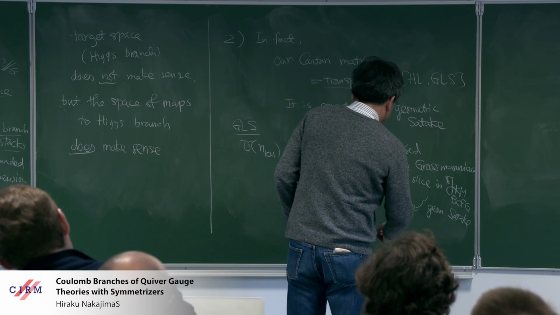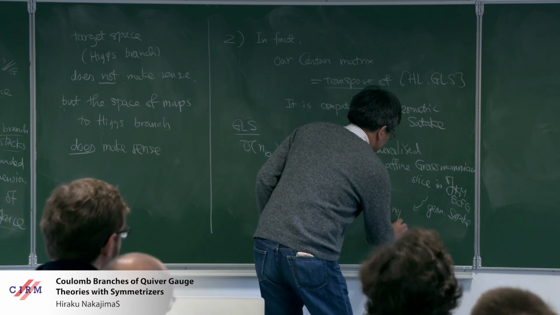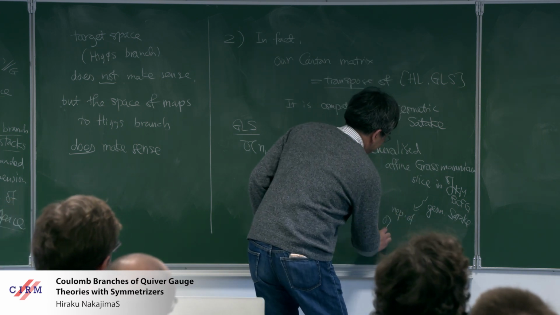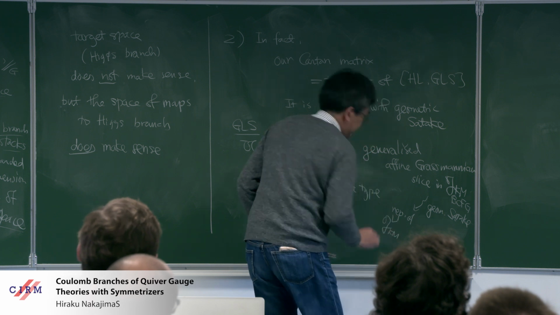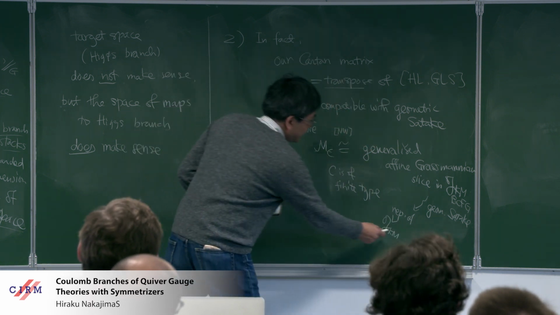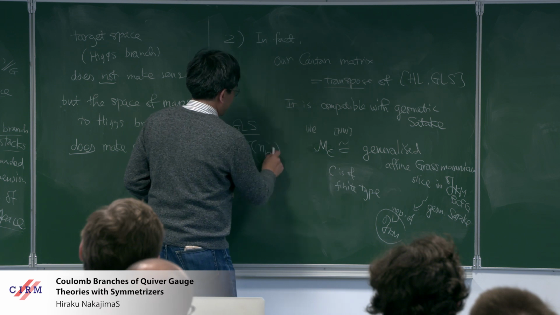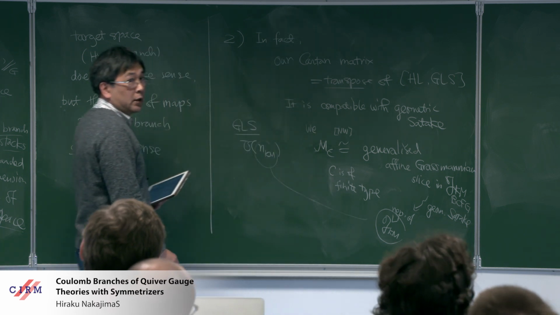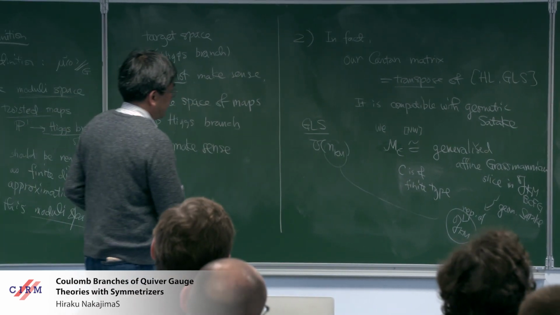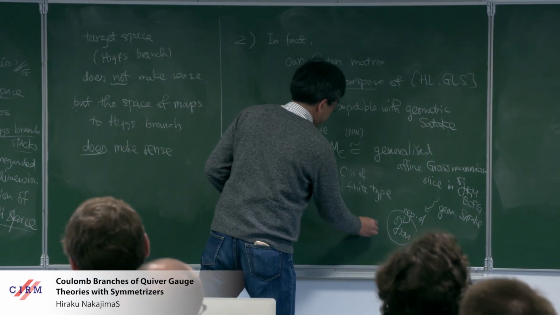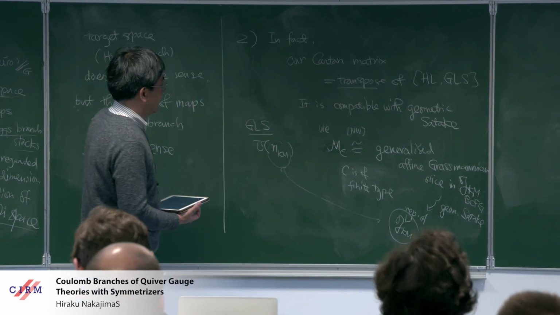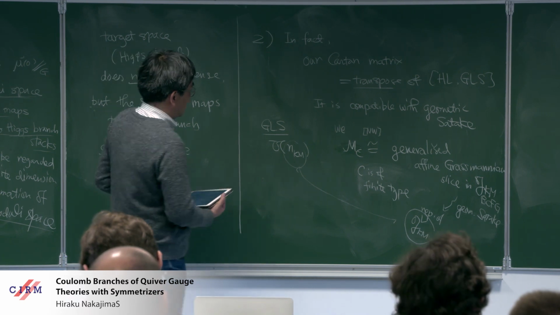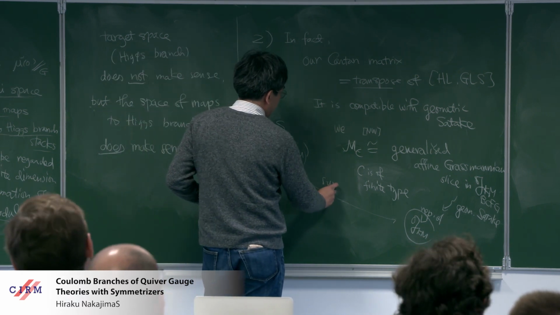So anyway, with this geometric Satake, you get representations of the Langlands dual group. And this Langlands dual group should be compared with the upper triangular part that appears in Gauss-Leclerc, by a kind of symplectic duality.